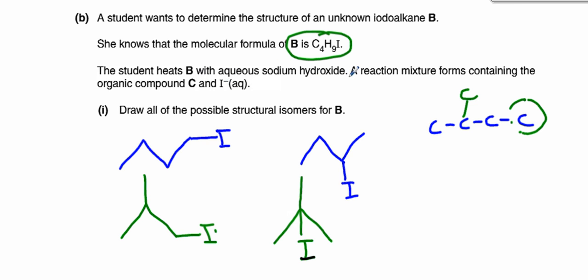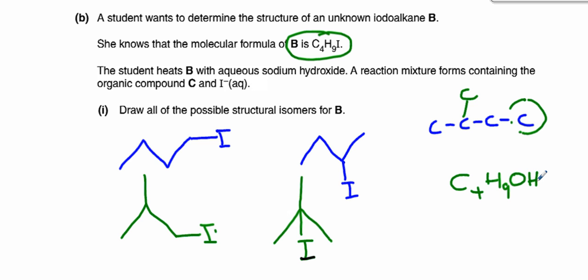Heats B with aqueous sodium hydroxide, a reaction mixture forms containing organic compound C. So we've discussed that C is going to be potentially C4H9OH.